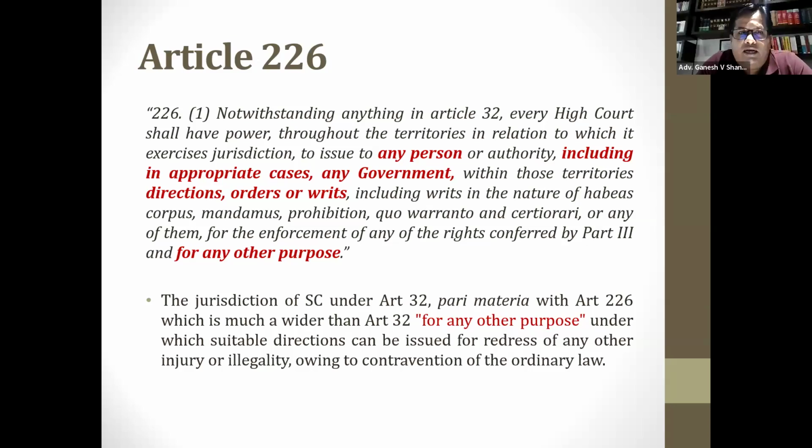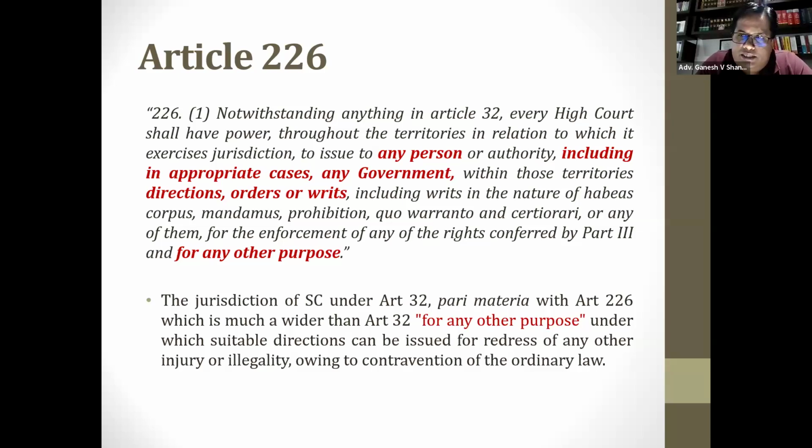Article 226 reads: notwithstanding anything in Article 32, every high court shall have power, throughout the territories in relation to which it exercises jurisdiction, to issue to any person, and the words any person can be underscored, or authority, including in appropriate cases any government within those territories, directions, orders, or writs, including writs in the nature of habeas corpus, mandamus, etc., for the enforcement of the rights conferred by Part 3 and for any other purpose.